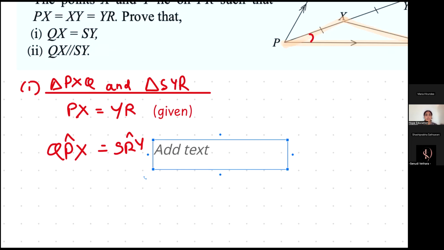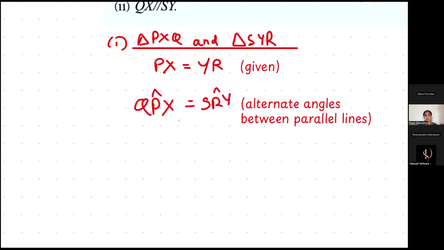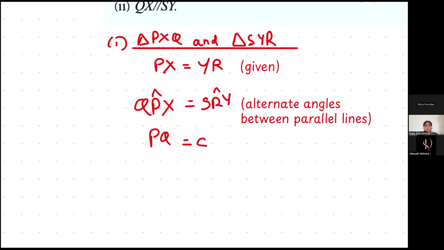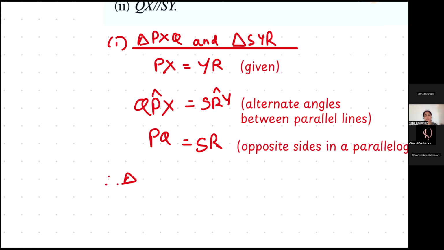And finally, we have PQ equals SR. The reason you have to write is opposite sides in a parallelogram. So because of these, we can say, therefore, triangle PXQ is congruent to triangle SYR under SAS case.